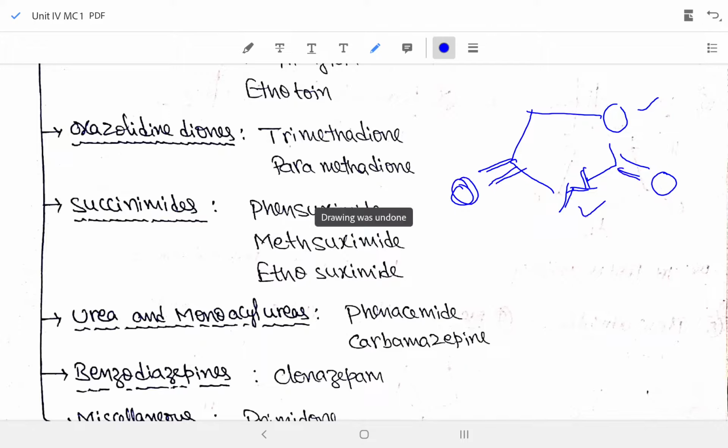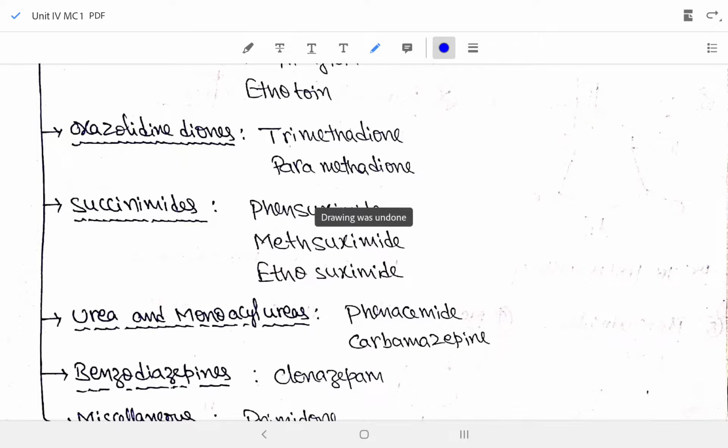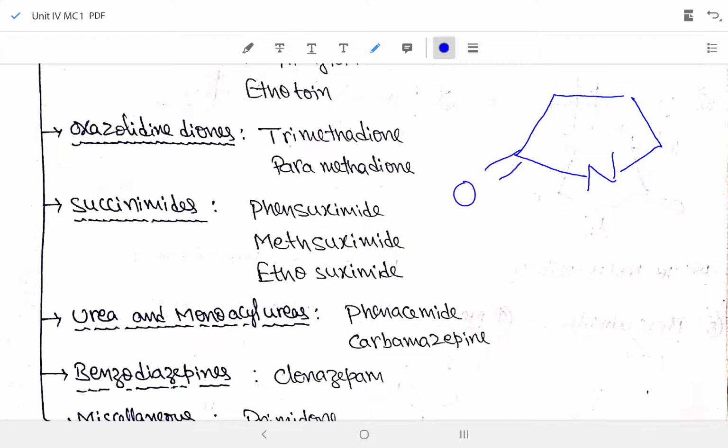Fine. Next we see the general structure of succinimide. In succinimide, you have carbon instead of another heteroatom in a 5-membered ring, and two C double bond O's. If you remember, it's like a tetrahydropyrrole with the two C double bond O's.